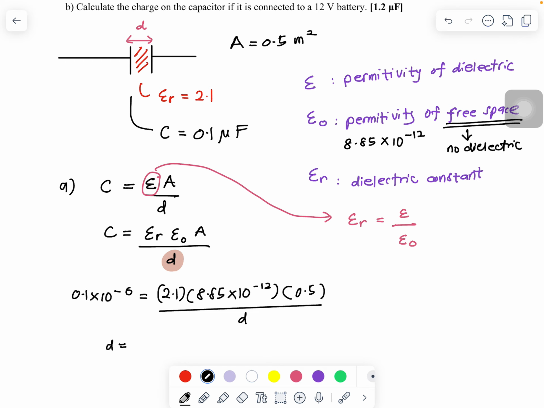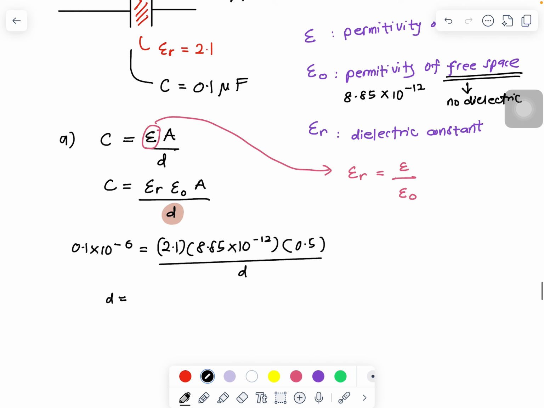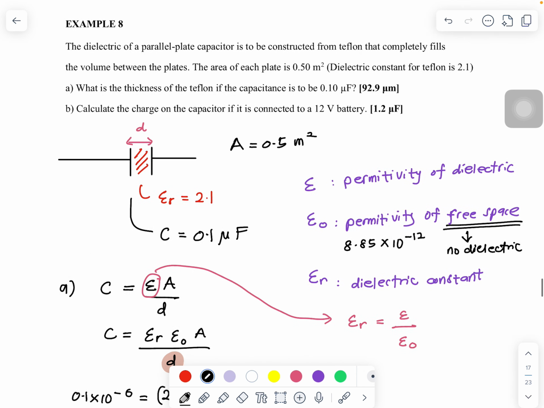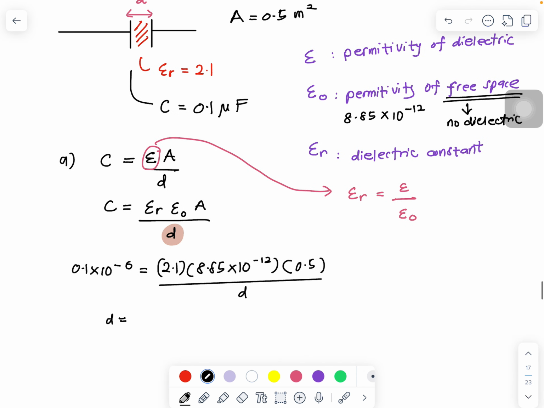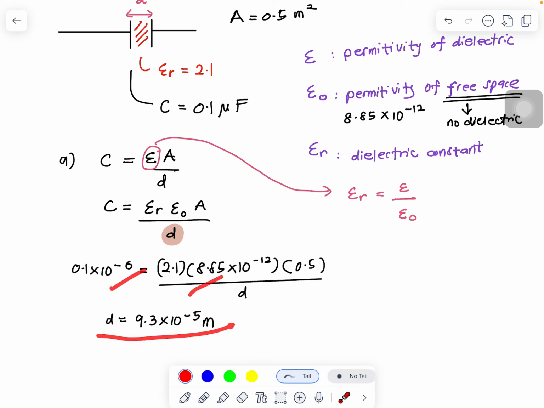So distance equal to 9.3 exponent negative 5 meter. Okay, please check the calculation. If you get slightly different tapi it's very close to this value, then masih diterima.